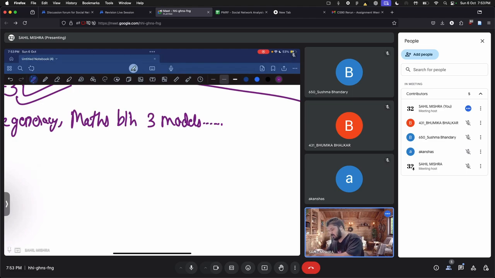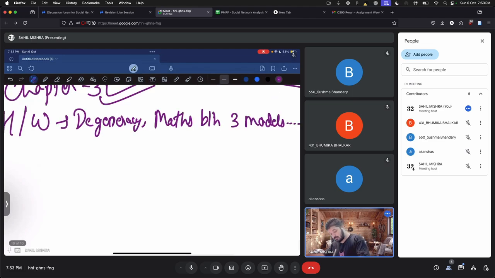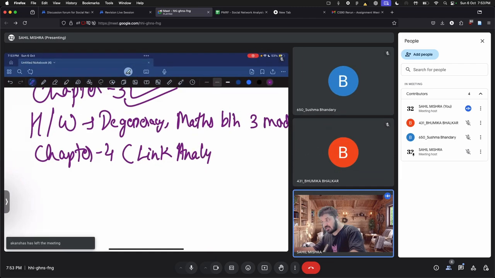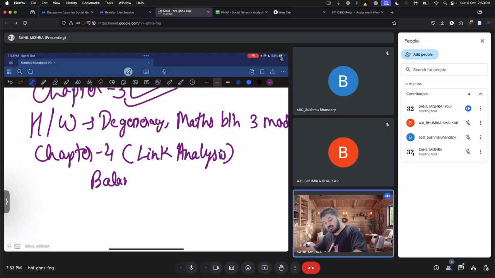So next week we will study chapter 4, which is link analysis. In link analysis we will study balance theory.